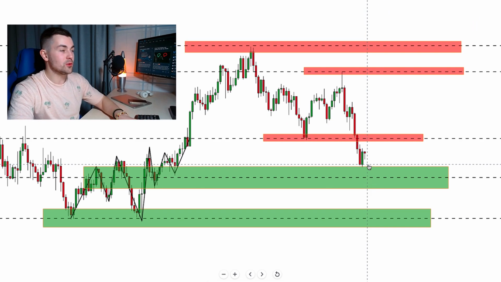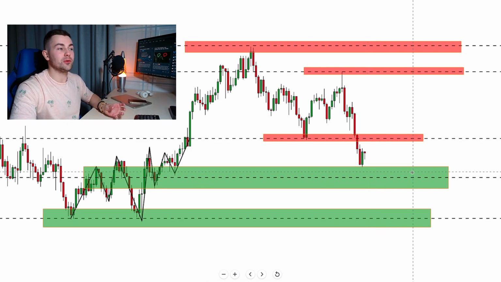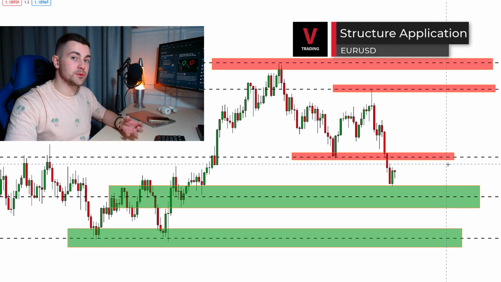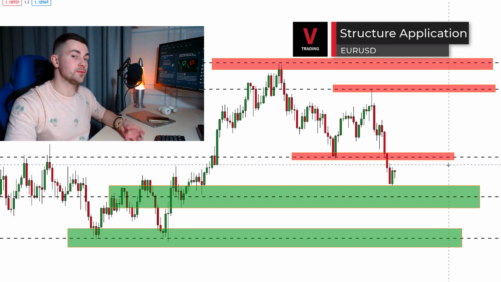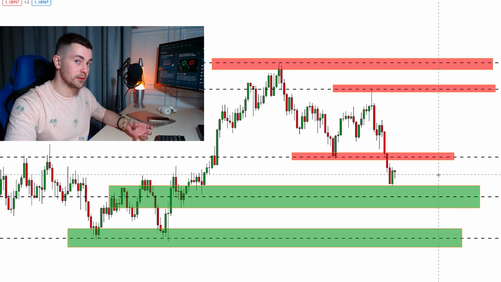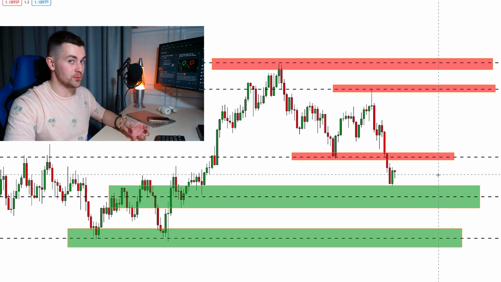So you can see on the euro dollar, we found here a lot of structure levels. We found 3 resistances and we found 2 supports. And now let me tell you how you will apply that in practice. So as I said, key levels serve as a very safe point for us to trade the market. So what we should do when we identify the key levels is wait until the key level is reached, yes.